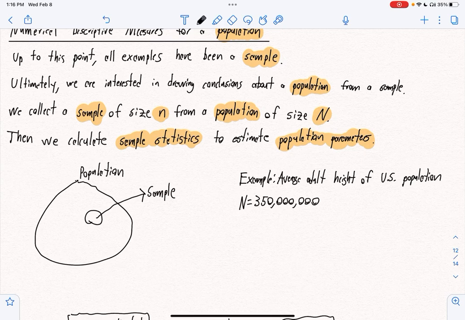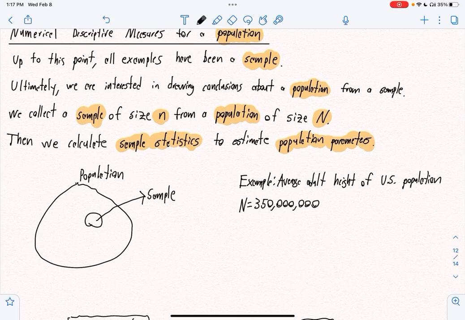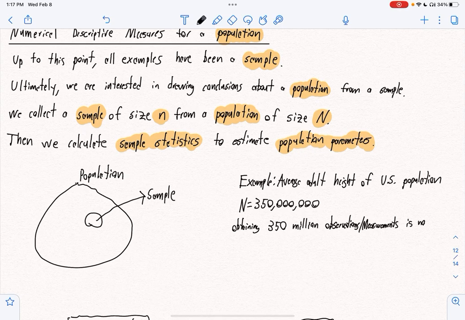So you have to go out and sample 350 million people, and no one really has the time, the money, the resources to accomplish that. So obtaining 350 million observations, or we could think measurements because we're measuring height, is not feasible.